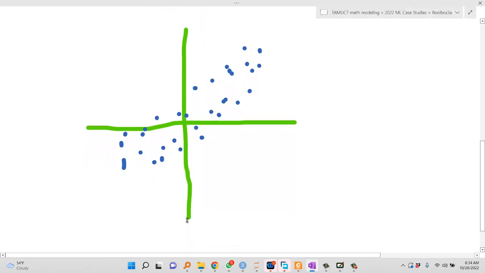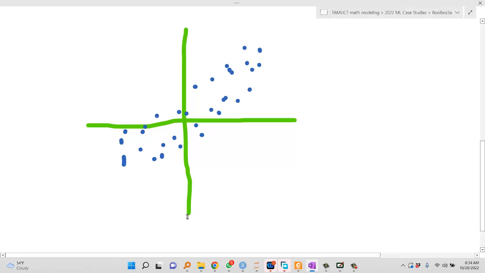Okay. All right. Now, if the x and y vary about the same, you can see that this data is fairly diagonal. Not exactly diagonal, but it's lining up pretty close on the diagonal line. So correlation measures the degree of diagonality.